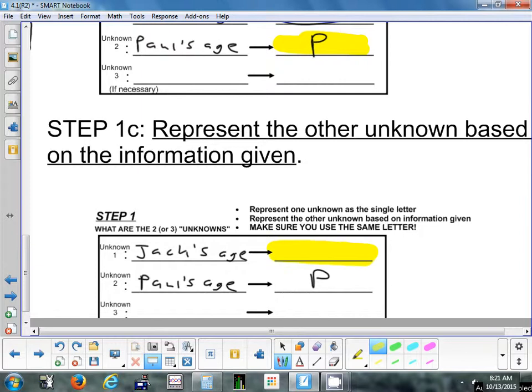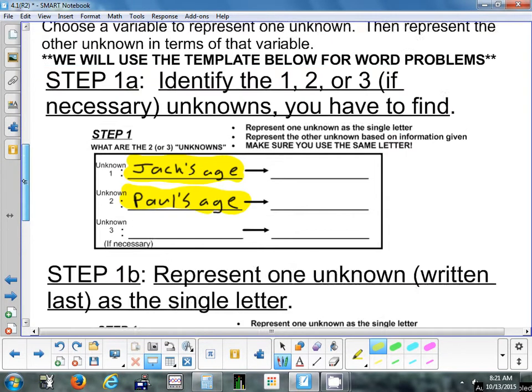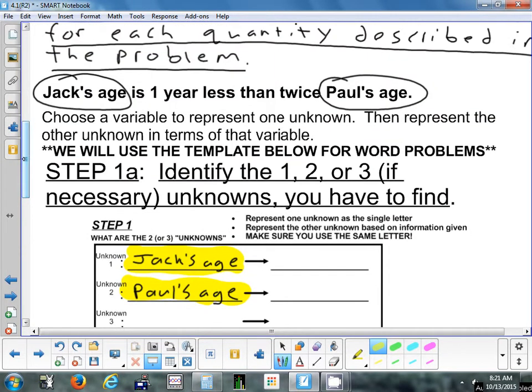Let's go back up and read what the problem said again. Jack's age is 1 year less than twice Paul's age. How did we represent Paul's age? What letter? P. So I'm just going to put that there so we remember it.